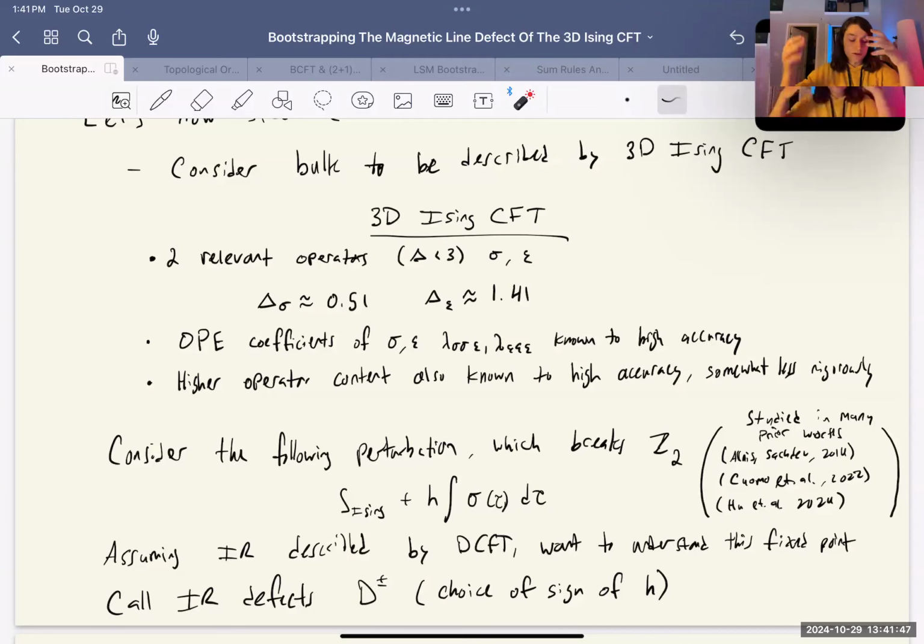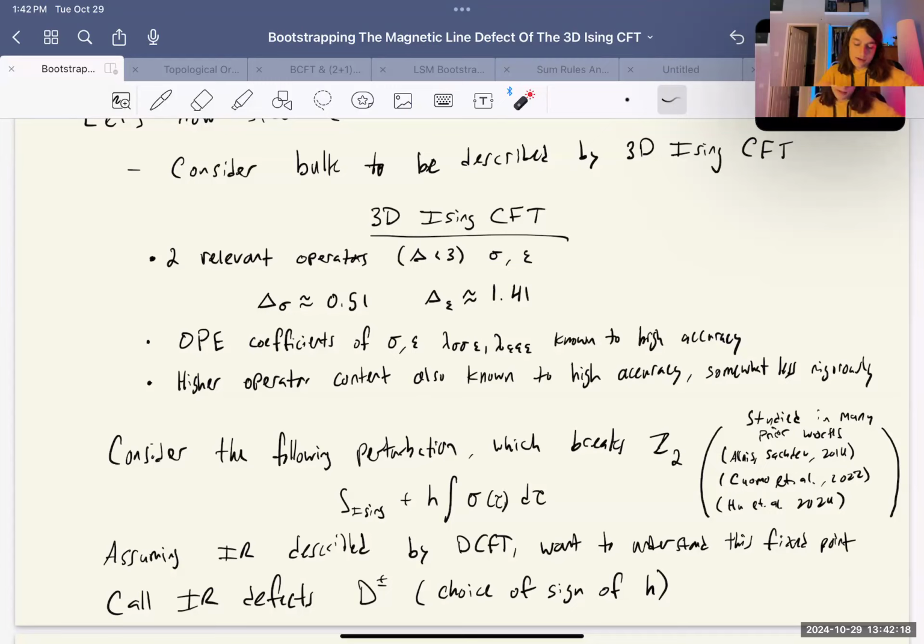We're going to use all sorts of things, including the scaling dimensions of these leading operators, as well as a bunch of stuff that comes from the higher operator dimension sectors of the Ising CFT. All of this data is going to be very important in being able to study this particular line defect that we're going to look at.